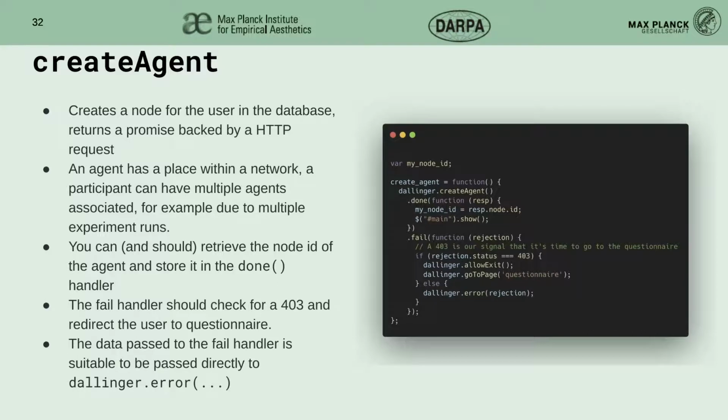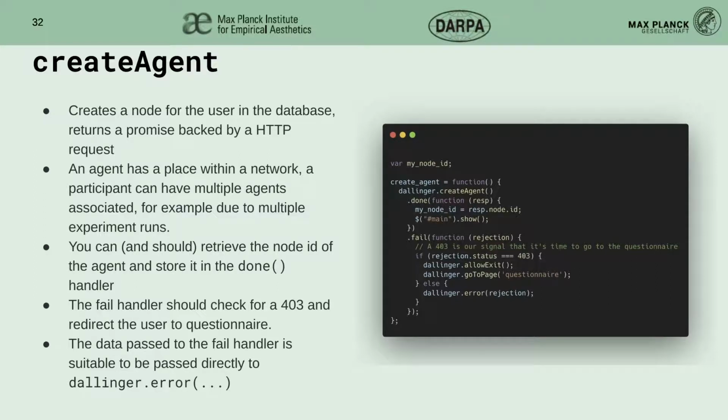That's just an example of the distinction between a participant object, which is a single human participant in the context of a particular Dallinger server, a particular experiment, versus an agent, which is a node in a particular network. Yeah, so you might only have one network, or you might have 100 networks. And you call create agent every time you want the actual user who is sitting at the computer to have a new role in a new network, if possible.